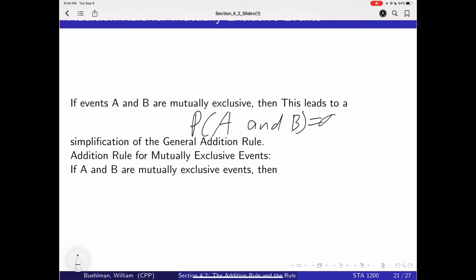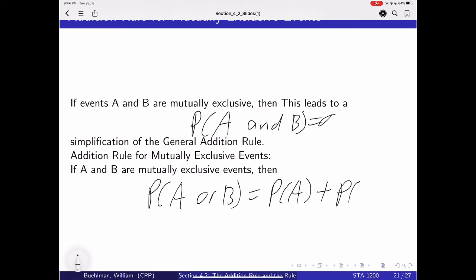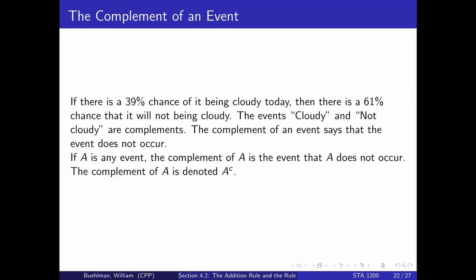The general addition rule for mutually exclusive events, or if A and B are both mutually exclusive, is the probability of A or B is equal to the probability of A plus the probability of B. If there is a 39% chance of it being cloudy today, then there is a 61% chance that it will not be cloudy.